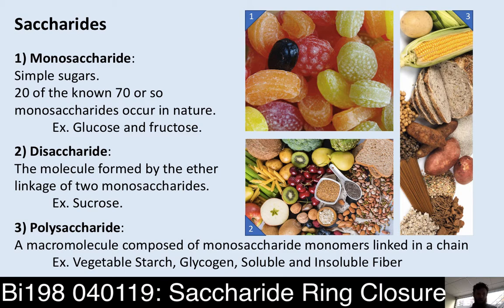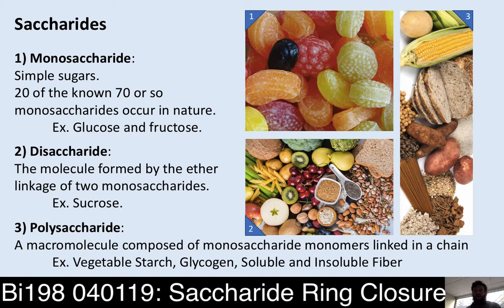Next is disaccharides. A disaccharide is a molecule made by the formation of an ether linkage, or what's called a glycosidic linkage, between two monosaccharides. So you're going to have two simple sugars linked together to form a disaccharide. The most commonly recognized example, at least by people, is sucrose. You've probably heard sucrose.